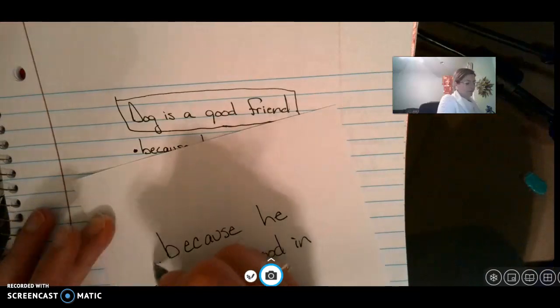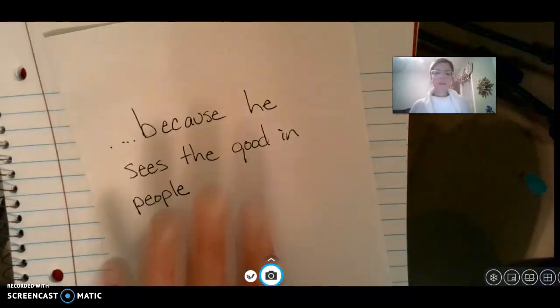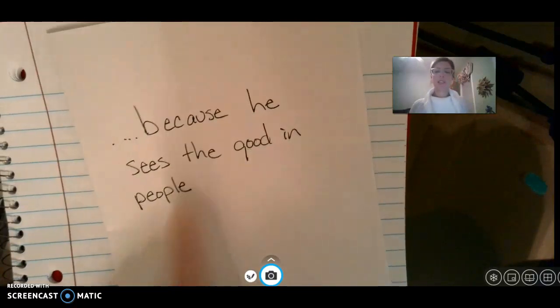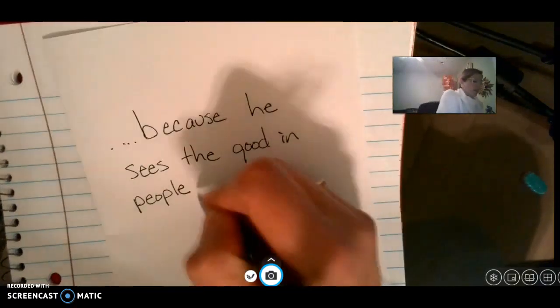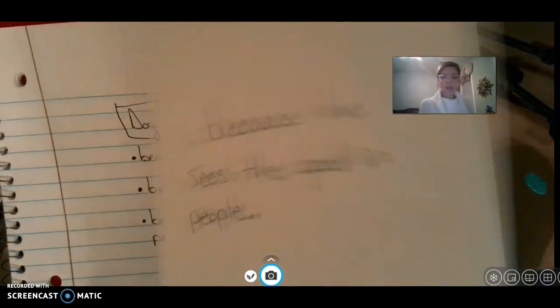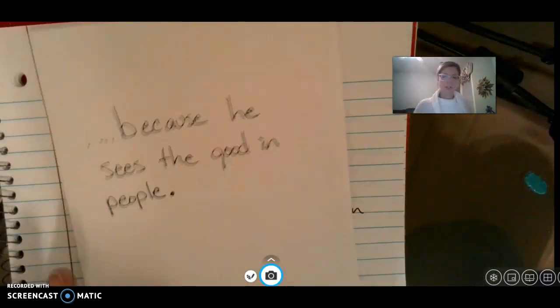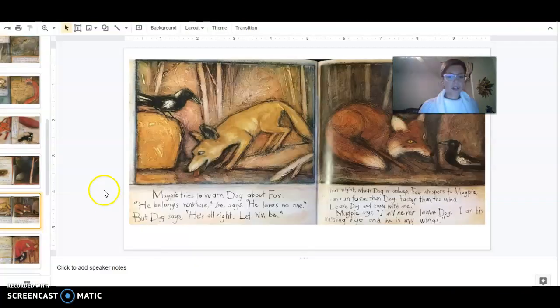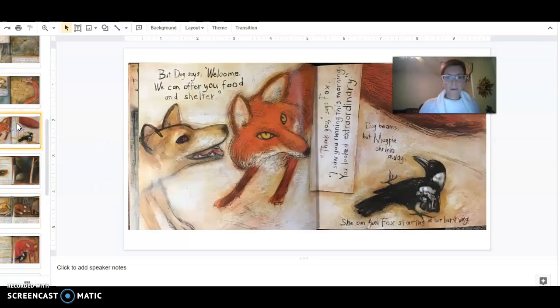Okay. So I'm going to try to find a micro story today that supports that Dog is a good friend because he sees the good in people. Once I write that micro story, I can stick it inside of this file folder. So let me look back at the text.